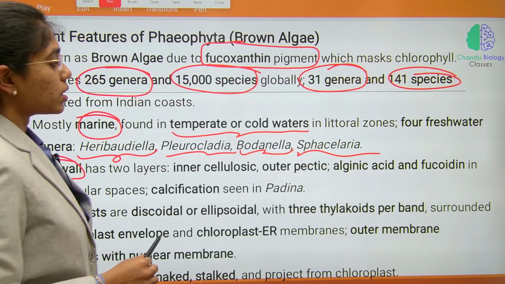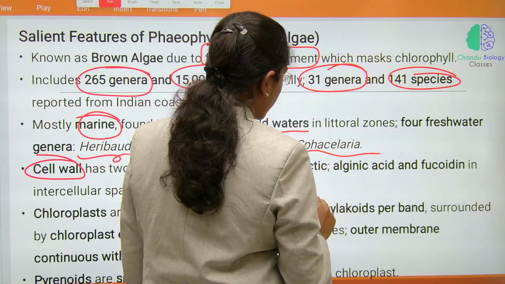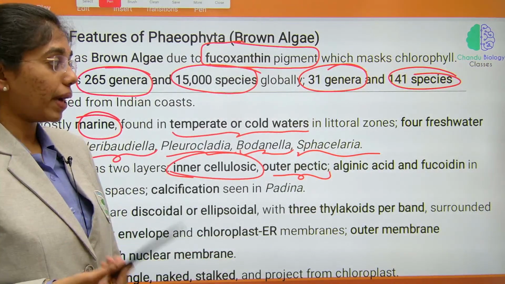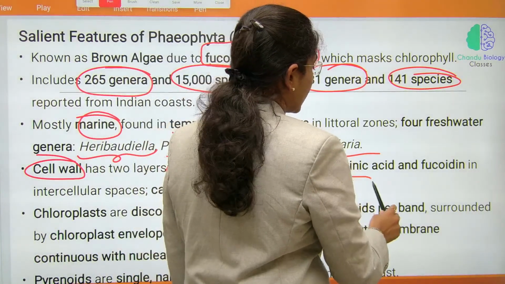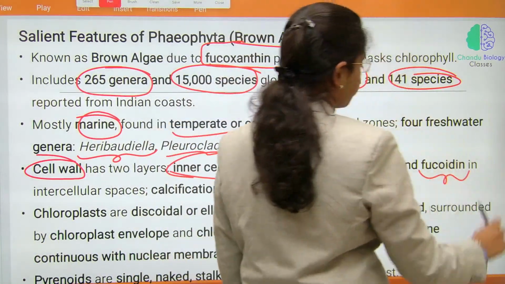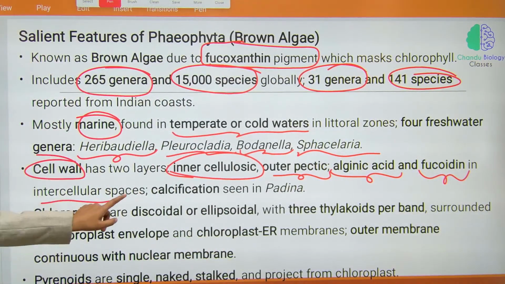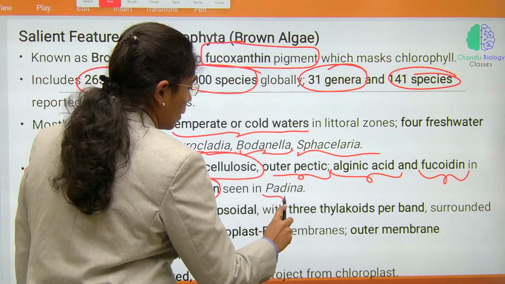One is the inner cellulosic layer, and the outer layer is made up of pectin. It also has alginic acid and fucoidin. In intercellular spaces, calcification is observed in Padina.